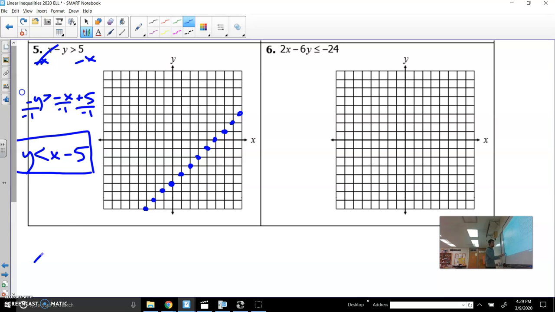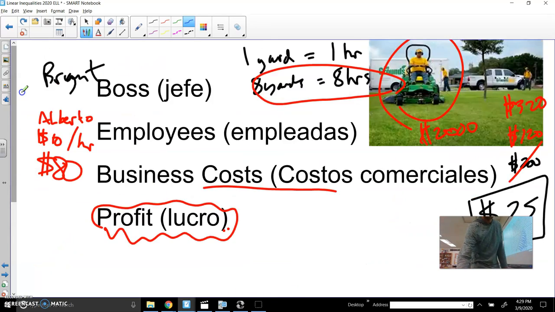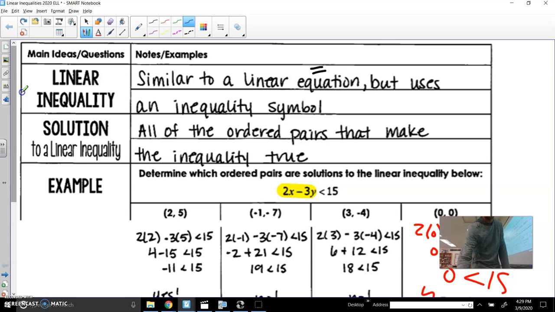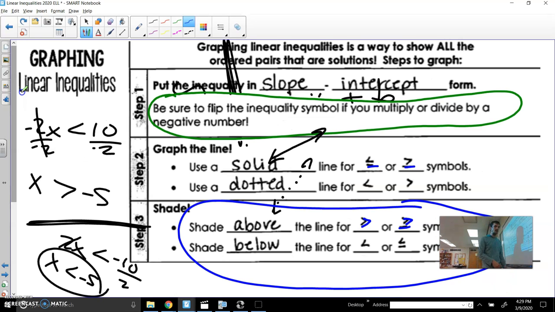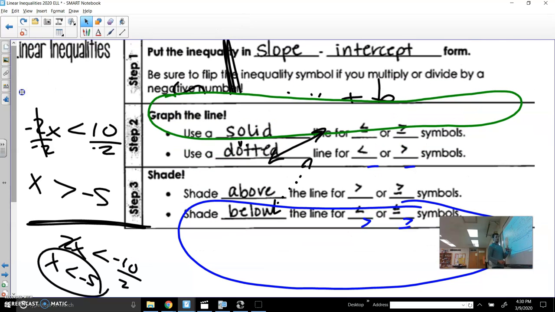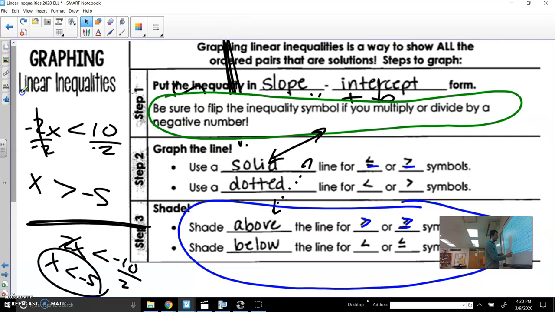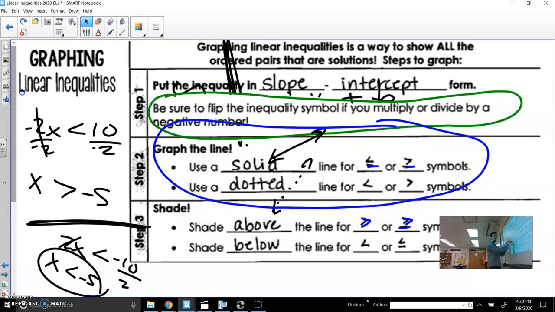Should it be a solid line or a dashed line? So I'm going to go back to my notes. These are the notes that we took in class today. And so it says right here, to graph the line, you are using a solid line if it is less than or equal, greater than or equal, but in general you are looking for that line that is under each of those.